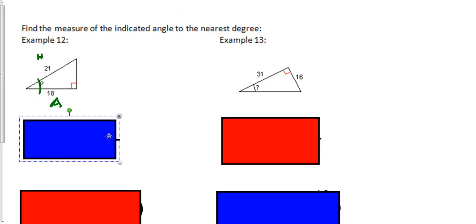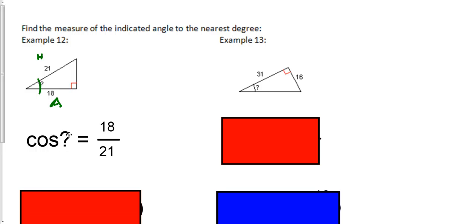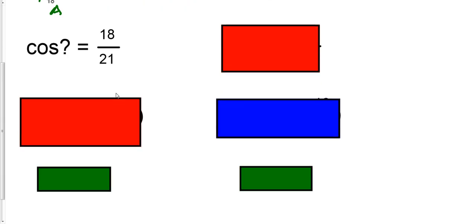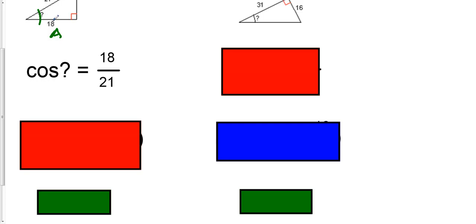So the cosine of our angle, we don't know how big it is, comes out to 18/21, adjacent over hypotenuse. What we'd have to do to both sides of this equation to get the unknown angle all by itself is take the cosine inverse of both sides.